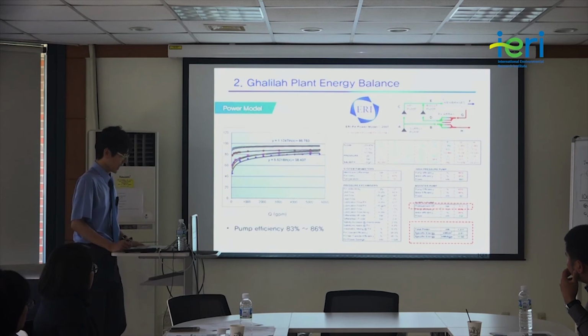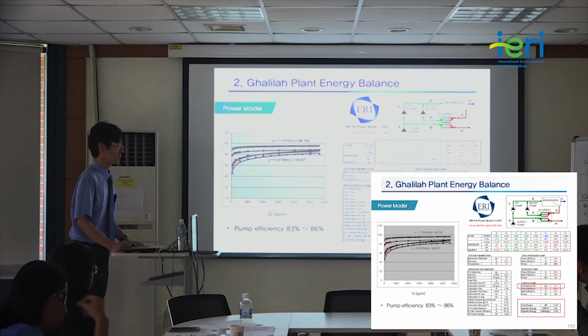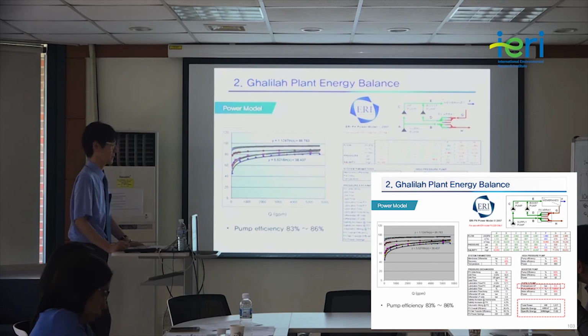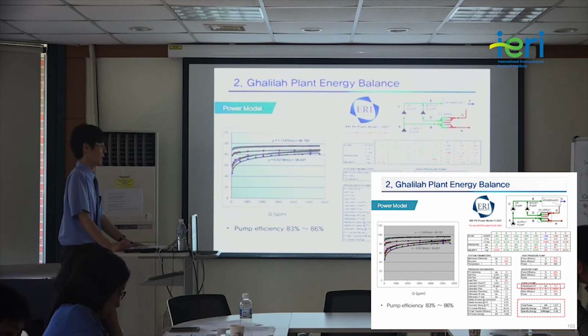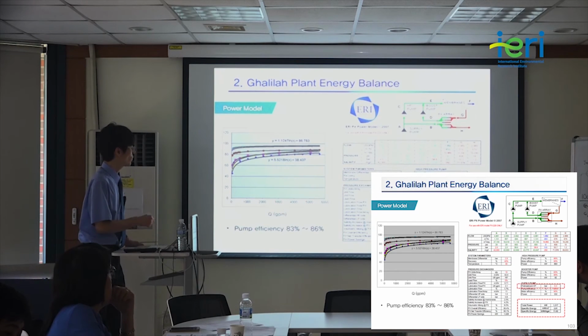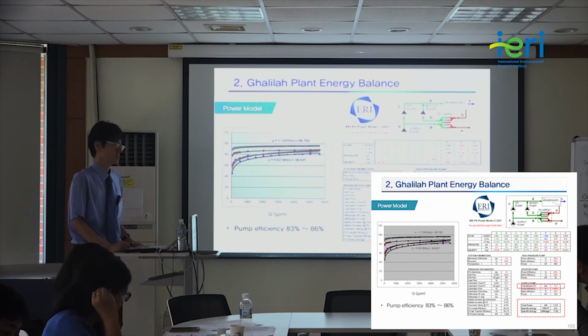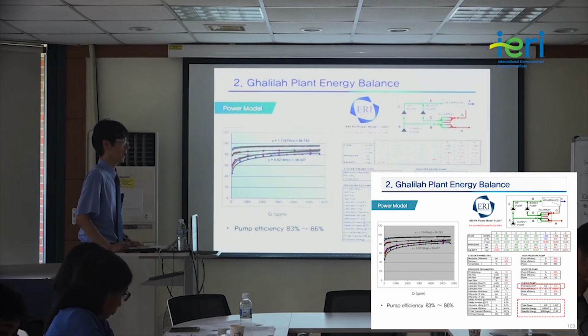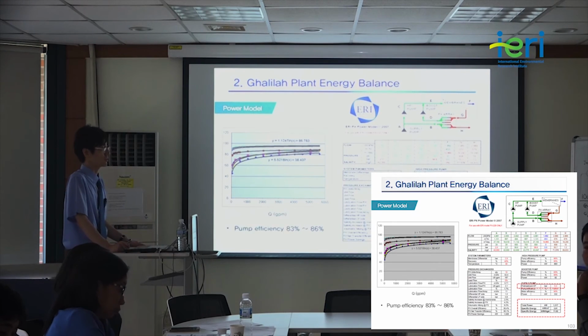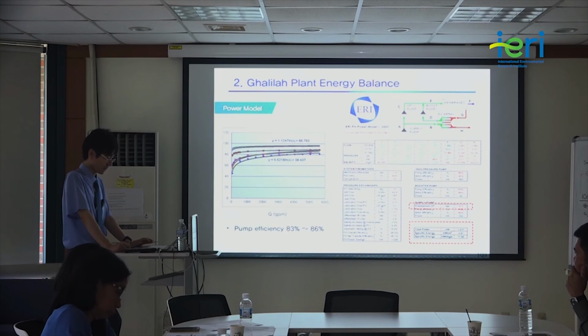So first, we analyzed the reverse osmosis based on the membranes used in this plant and based on the design conditions that were used, and the pressure drops measured in each place were considered in this simulation. And according to this calculation, the pump efficiency was determined to be 86%. And by using this value, we could calculate how much energy was used by this reverse osmosis system.